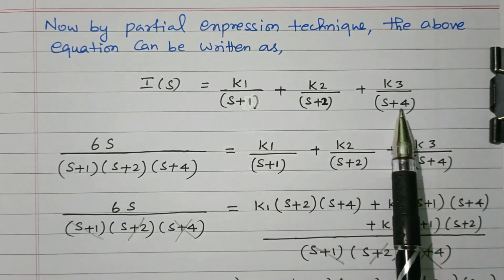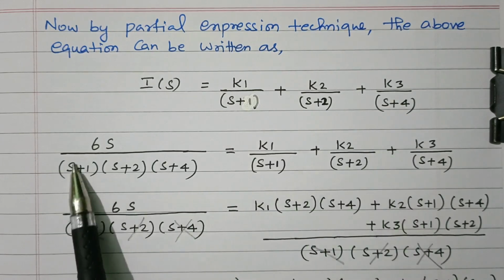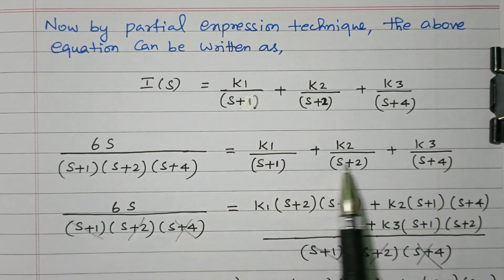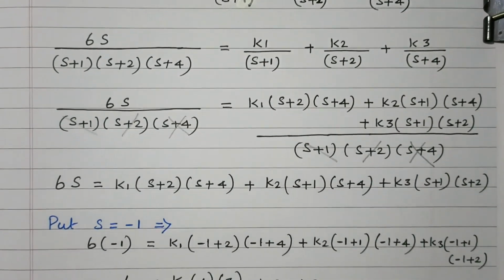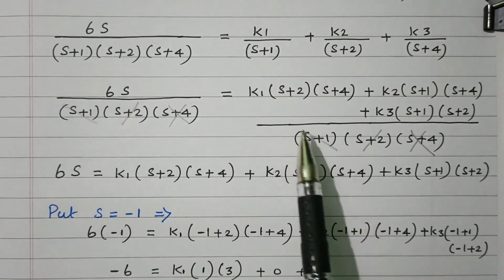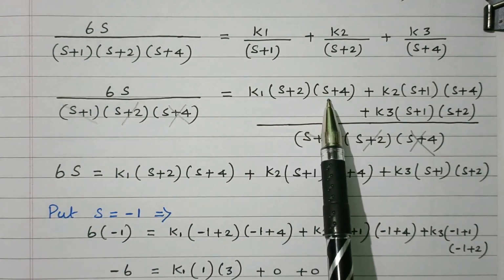If we split like this, we can easily take the inverse Laplace. This is equation 1, written like this, so both are the same. Now we'll take the LCM of these three terms for further simplification. Here s plus 1 is available, so multiplied by s plus 2 and s plus 4.